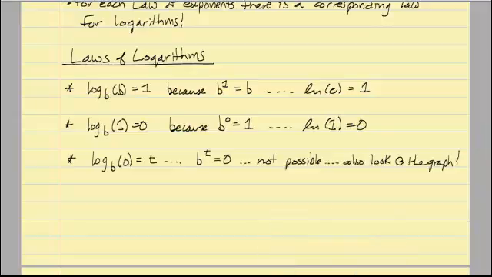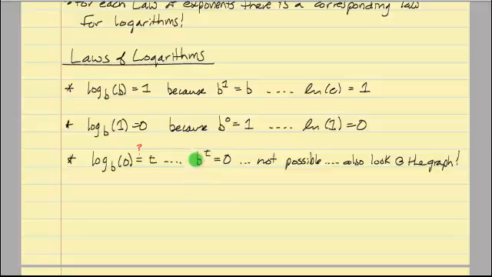Okay, this next one is actually a bit of a trick. Log base b of 0 is equal to some value of t, and what we're trying to establish is, is this a true statement? Well, remember how we rewrite it. b is my base, b to the t equals 0. Is this even possible? If I have a constant b, is there anything that I can raise b to that gets me 0 back?